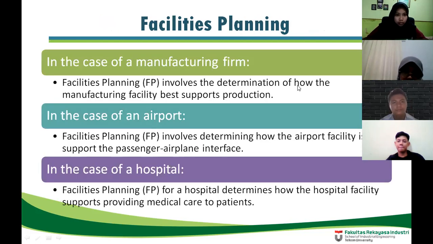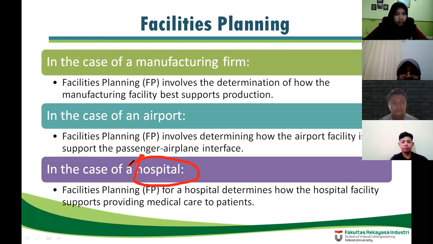Just like I mentioned before, facility planning can be implemented in other aspects, such as manufacturing, airports, and hospitals. Hospitals now are very important today, with the layout of the facility. During COVID-19, we rearranged the layout because it minimizes COVID-19 outbreaks.